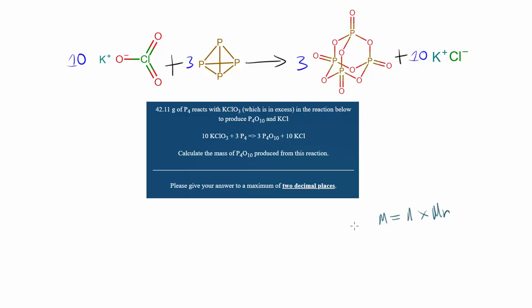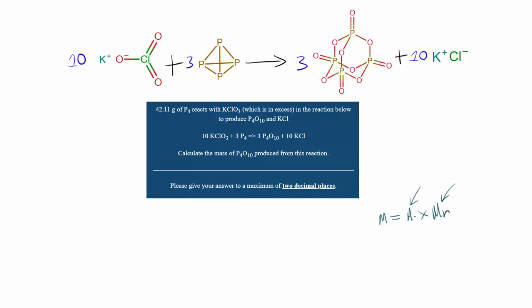Now, out of these values, what do we actually have? Well, we've got the molar mass in some sense. We don't have it directly, but this is something that we can quite straightforwardly work out from the periodic table. But the number of moles we don't have, and it's not as seamless to figure out.